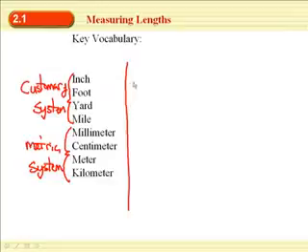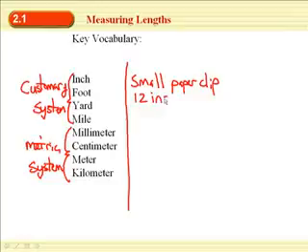So inches, let's just do some benchmarks with them. An inch is about a small paper clip. A foot has 12 inches in it, equals 1 foot. A yard, there's 3 feet in 1 yard.